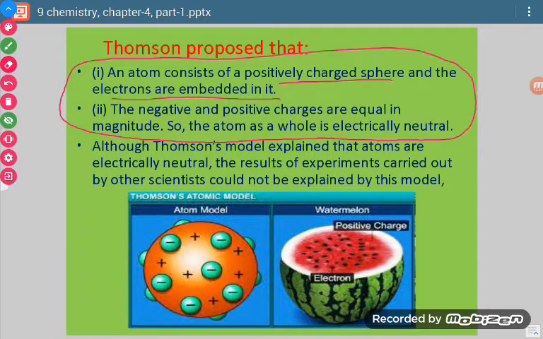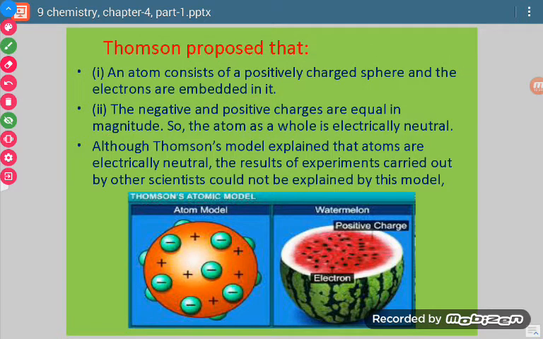Now, what is explained by this model? Since positive and negative charge is equal, this model explains the electrical neutrality, that the atom is neutral.